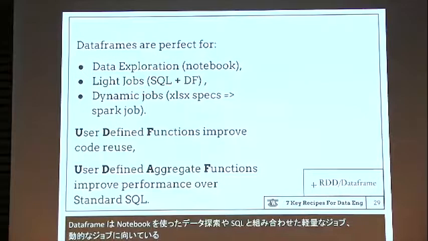With DataFrame, you can use the UDF, the user-defined function, as well as the user-defined aggregation function. For example, we use a lot of custom aggregation functions to optimize DataFrame jobs, and we are reducing the number of stages by 5 to 10 times because we are able to define better aggregations that are Spark SQL compatible.